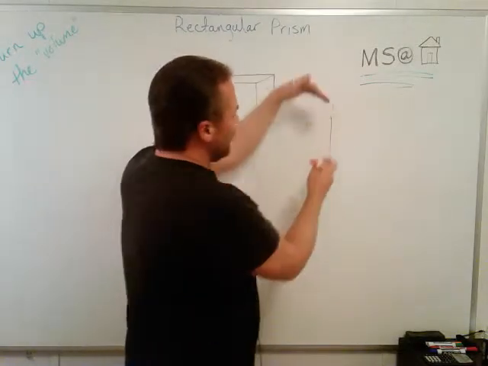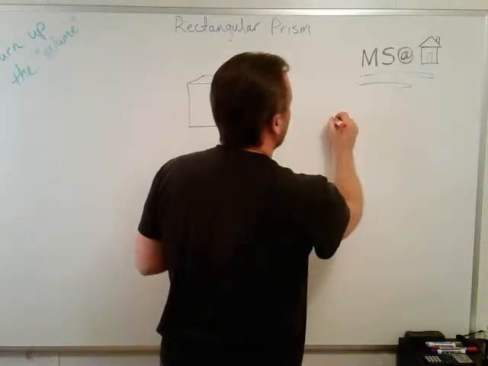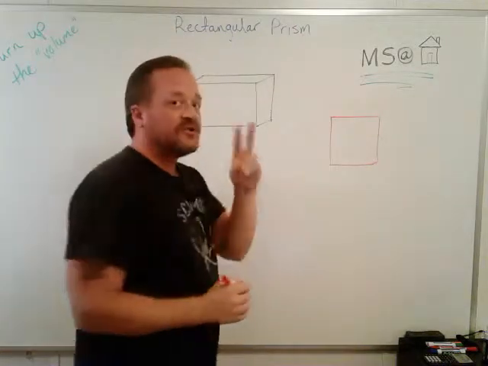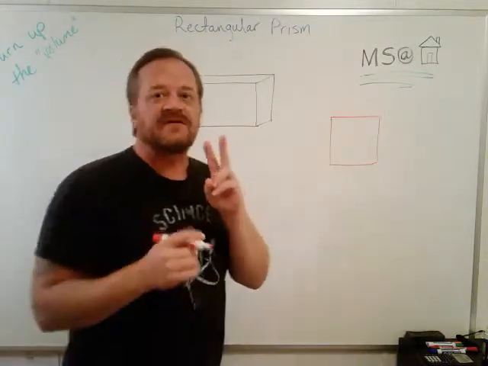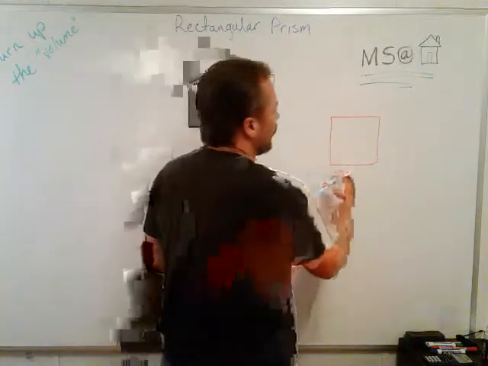And then if I took this line and moved the whole line that way, so that it extended out this way, I would have a two-dimensional object. It has two dimensions, and in this case I can see that it's height, and I could call this width.